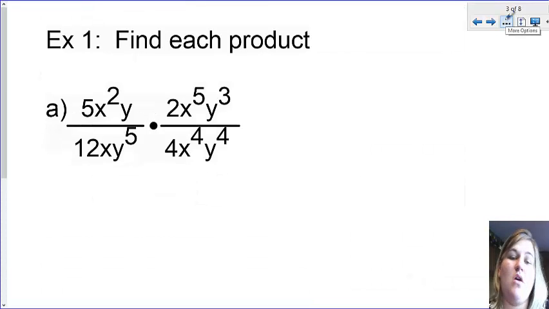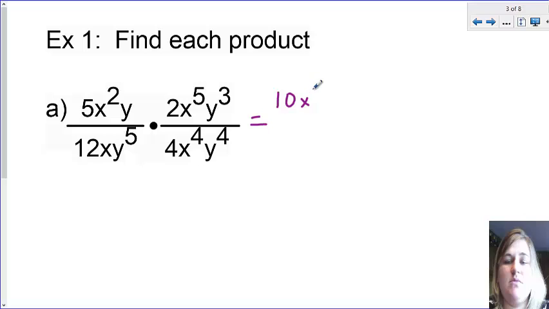It says find the product of each. When I am multiplying fractions, I multiply straight across. So I'm going to take 2 times 5, which gives me 10. X to the second times x to the fifth. Remember, when we multiply by the same base, we add the exponents.